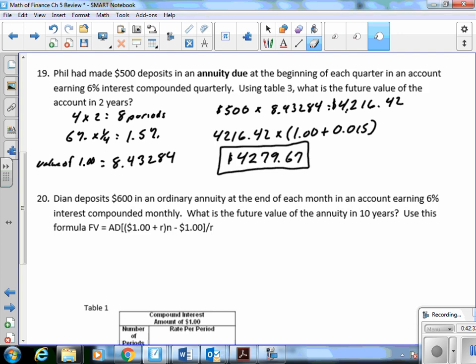And then number 20. Deposit $600 in an ordinary annuity at the end of each month in an account earning 6% interest compounded monthly. What's the future value of the annuity in 10 years? Using the formula, future value equals amount deposited. The amount deposited is 600, and 1 plus R, where R is the rate per period.